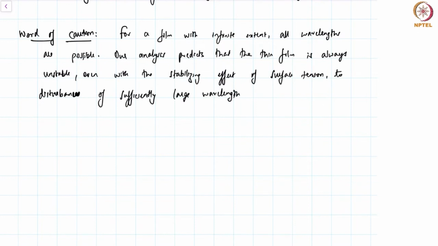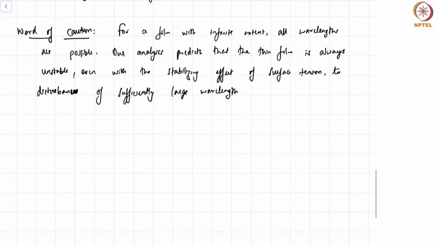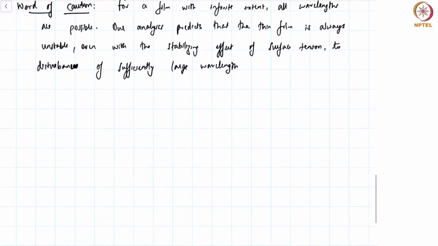Okay. So when we have a sufficiently large wavelength and this condition is met, then we can guarantee we have met the necessary condition for instability. But we know that real films are not like this.